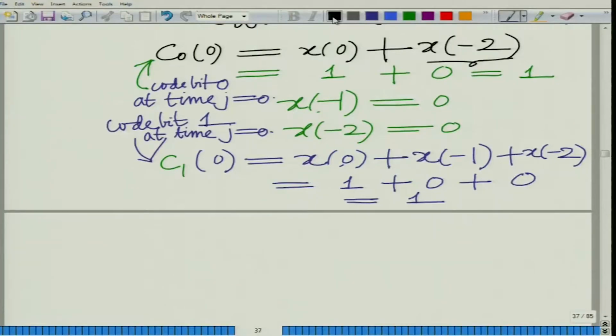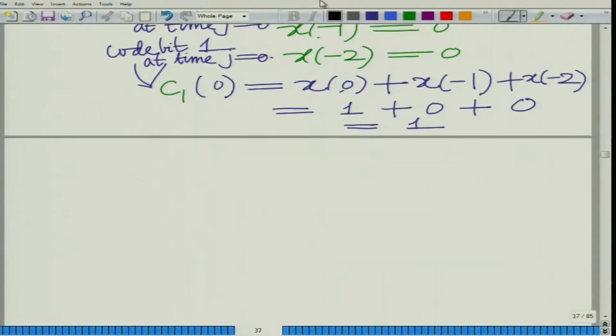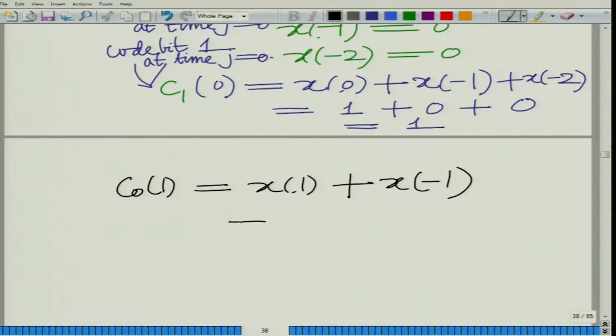Now let us look at C0 of 1. That will be x of 1 plus x of minus 1. x of 1 is 0 plus x of minus 1 is 0, so this is equal to 0.